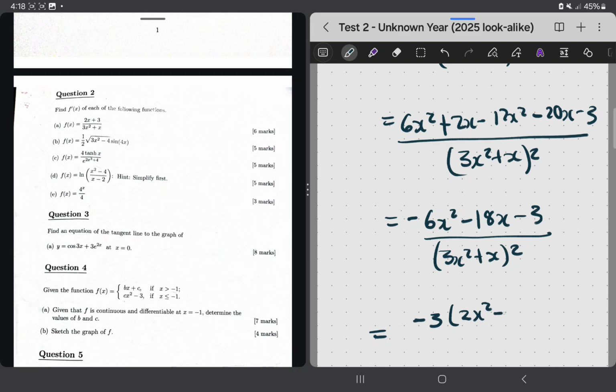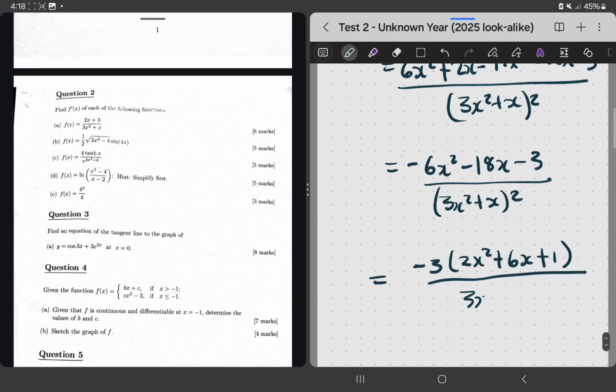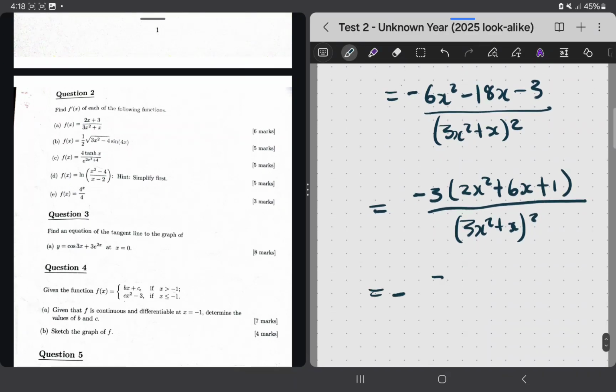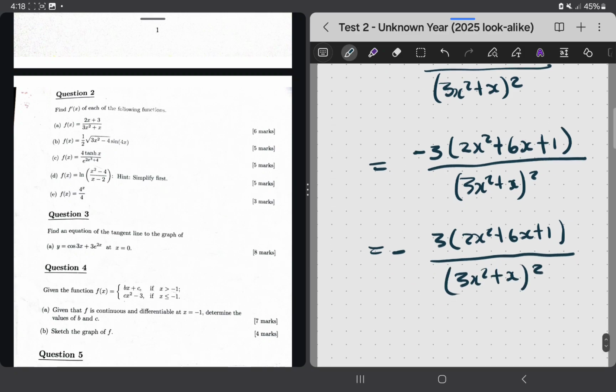Minus this into this becomes plus: 3 into 18 is 6, and there's still the x. Minus 3 into minus 3 is just plus 1. This is all over 3x squared plus x, all squared, which we can leave like this, or we can even put the minus outside. Then we say minus 2x squared plus 6x plus 1, all over 3x squared plus x, all squared. This is the derivative, and you're done.